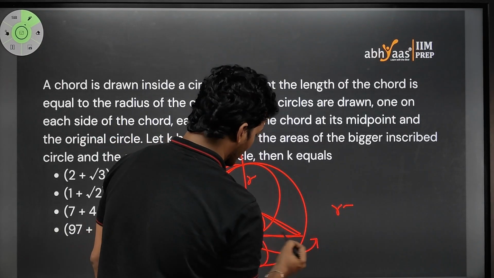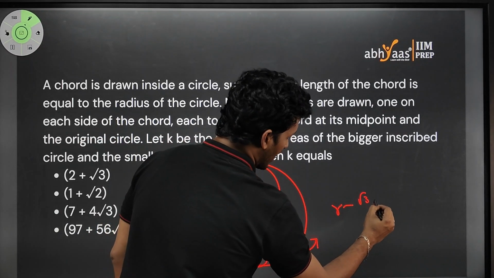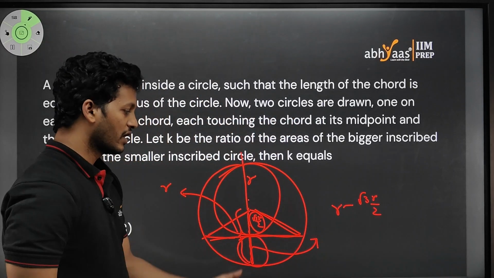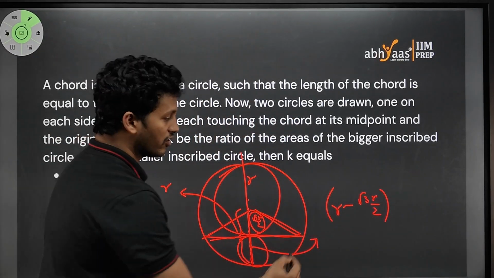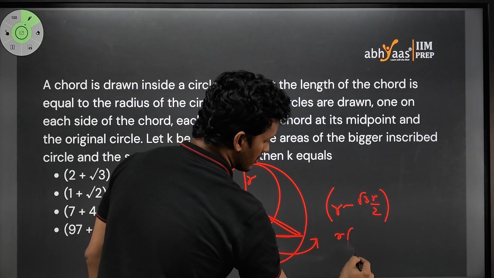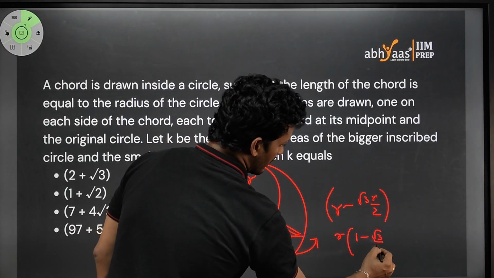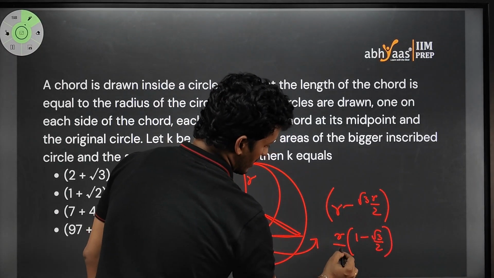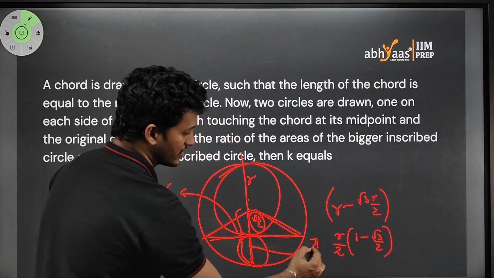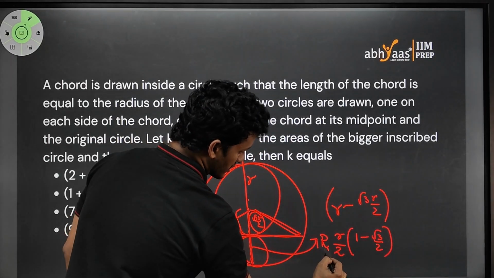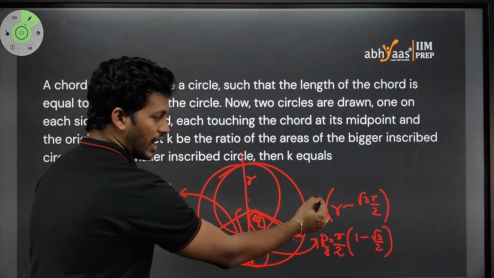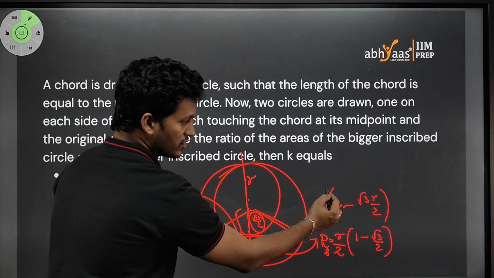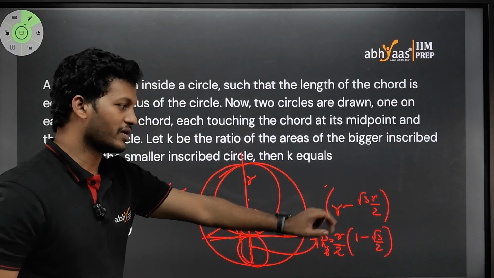So what is that? r minus √3r/2 will be the diameter of this small circle, isn't it? Now I can take r common, so I'll get 1 minus √3/2, and it is again half for the radius of the smaller circle. The radius of the smaller circle is nothing but half of the diameter. So we got the diameter here.